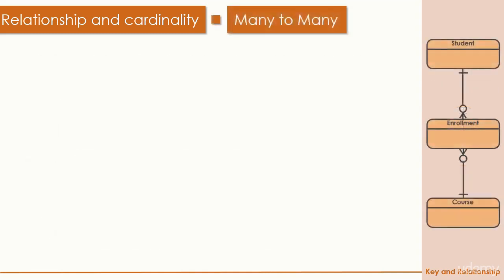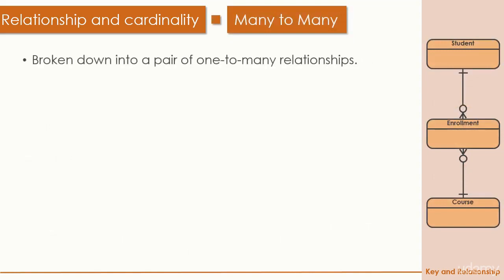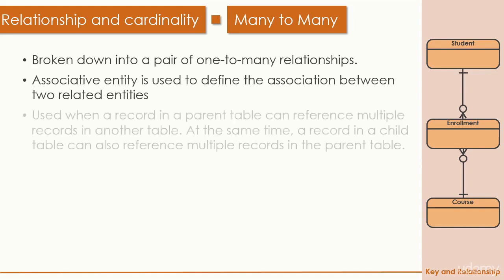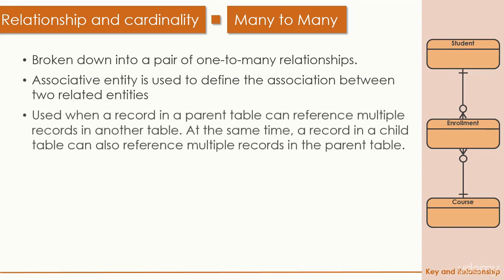The many-to-many relationship. Basically, the relational database doesn't support a real many-to-many relationship. In this case, we need to break it down into a pair of one-to-many relationships and have an associative entity, an associative table, between these two entities. It's used for a parent record to reference multiple records in another table and vice versa.